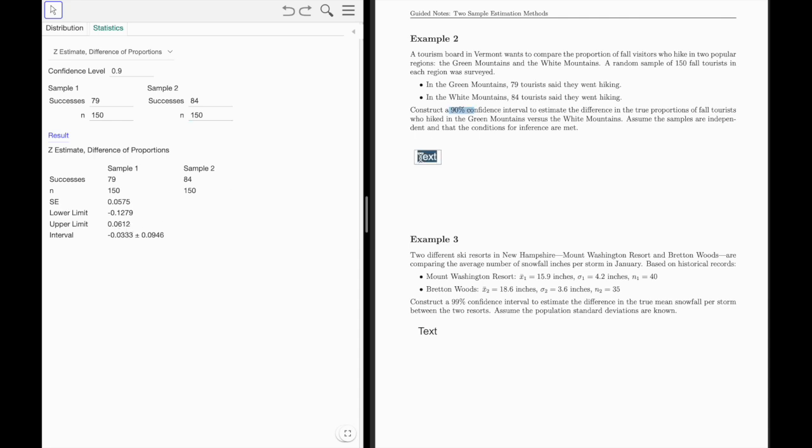So let's write this down. We're doing a z-estimate for the difference of proportions. Our confidence interval that we got is negative 0.1279 and the upper limit is 0.0612.